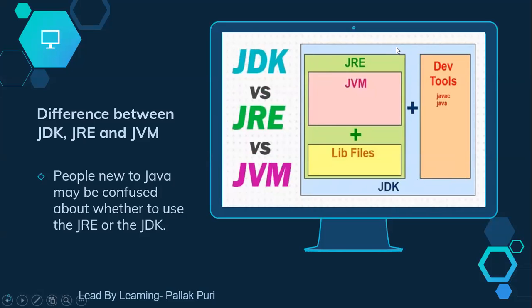Next we have JRE, which has two components, JVM and library files. So JDK equals JRE plus development tools, and JRE equals JVM plus library files. These are the components, and the broader representation of these components is like this.